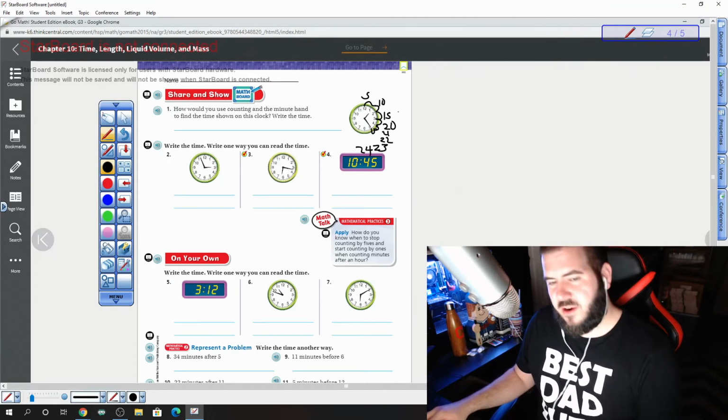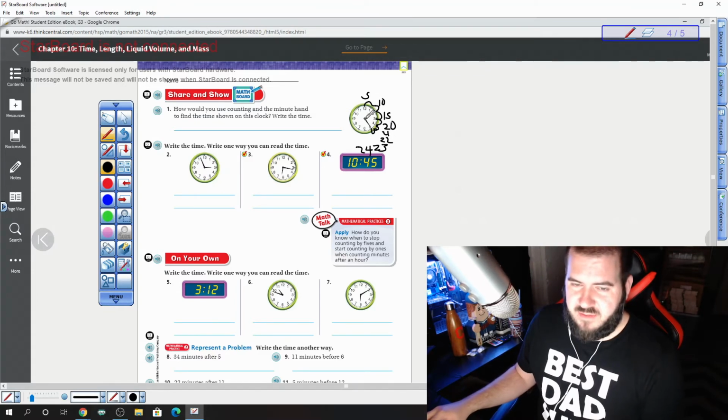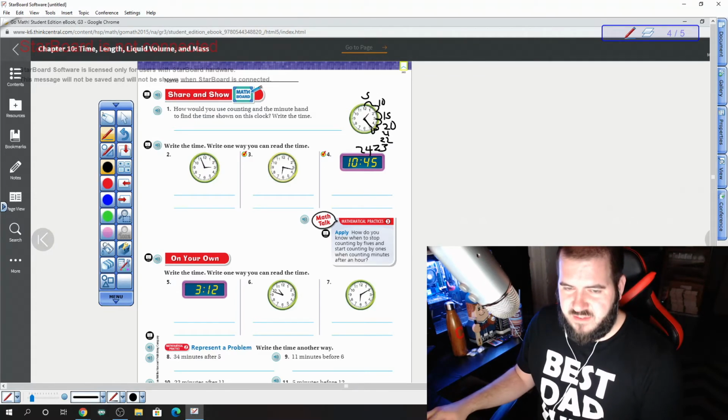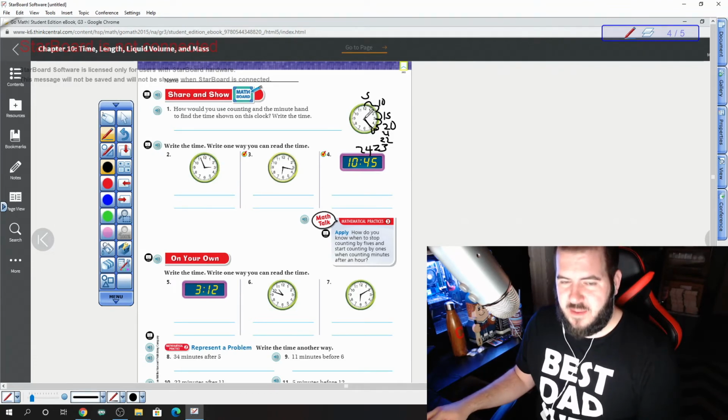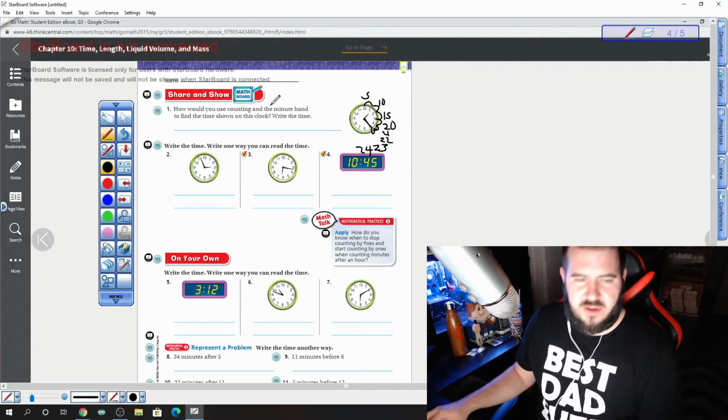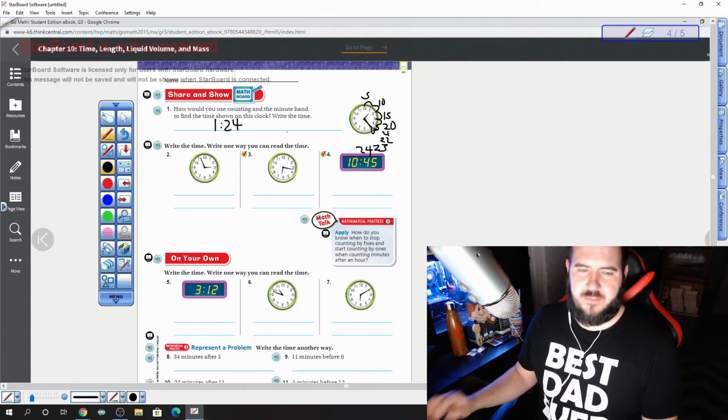Sorry, it's really hard to fit this in here, guys. But if that minute hand is just before the 5, that's going to be 24 minutes. Because remember, on the 5 would be 25, but it's not quite there. Okay? So I noticed that my hour hand is in between the 1 and the 2, so that makes this 1:24.